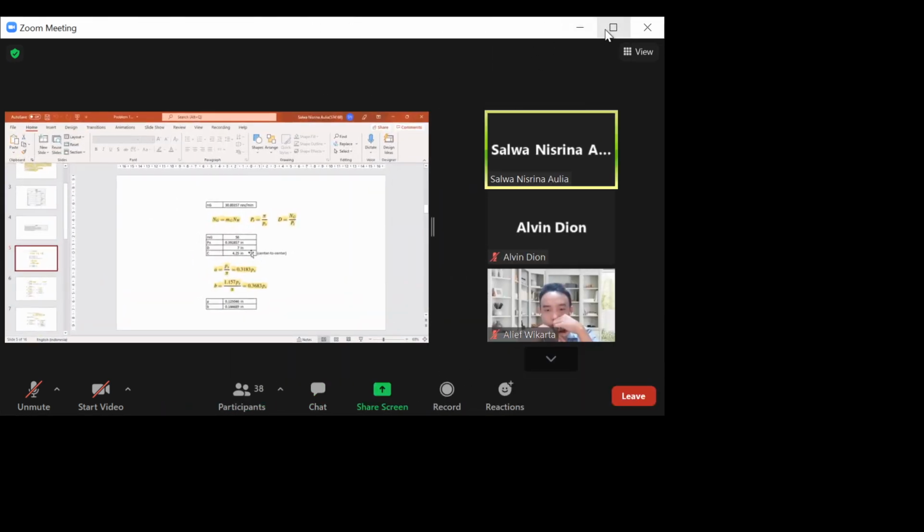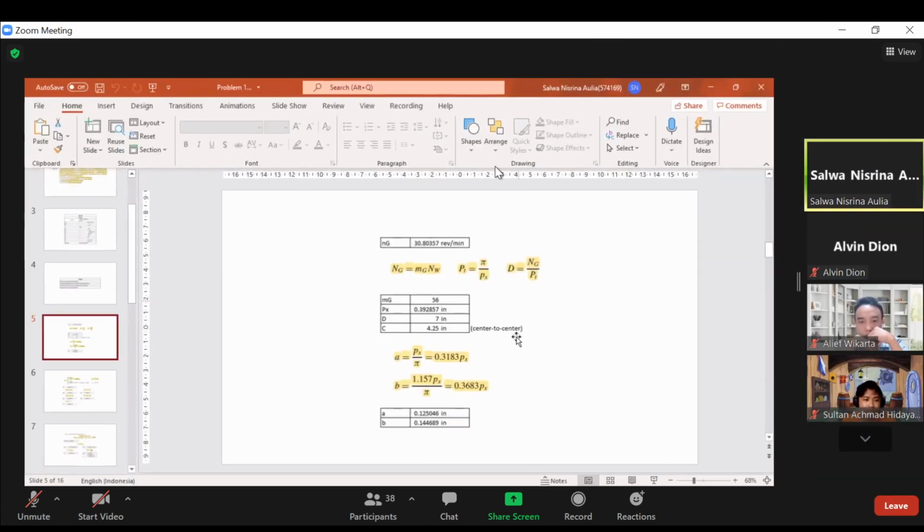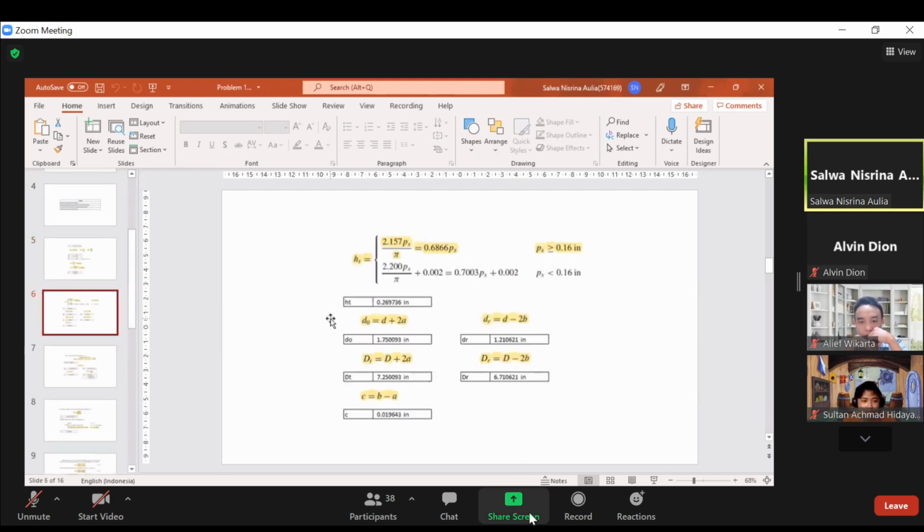metric lateral pitch, diameter of gear, center to center, addendum, dedendum. We know this from this equation. And then we can calculate the full depth diameter from this equation, and some of this is the geometrical properties too from the gear and the worm.